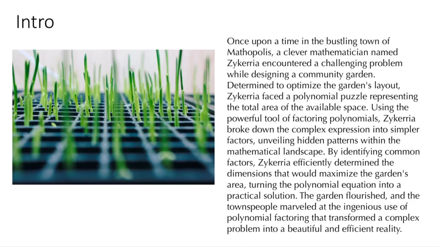By identifying common factors, Zakaria efficiently determined the dimensions that would maximize the garden's area, turning the polynomial equation into a practical solution. The garden flourished, and the townspeople marveled at the ingenious use of polynomial factoring that transformed a complex problem into a beautiful and efficient reality.